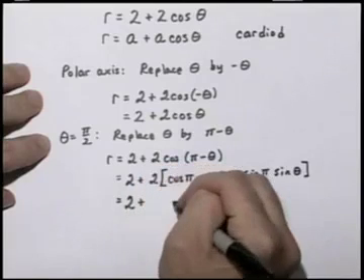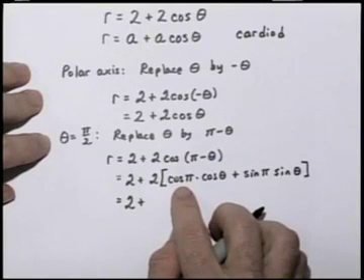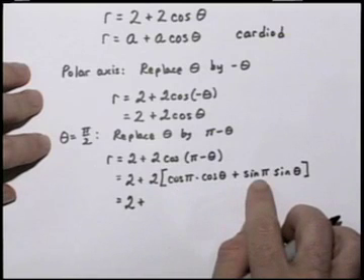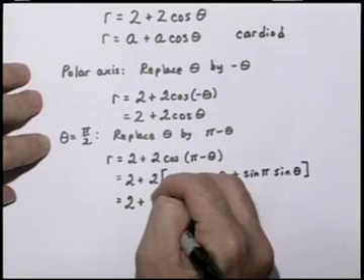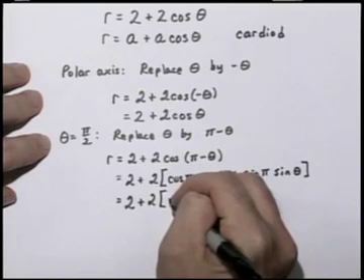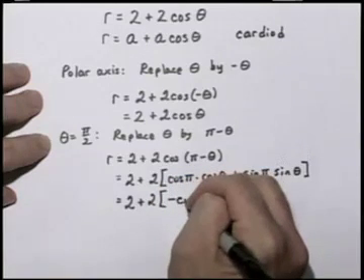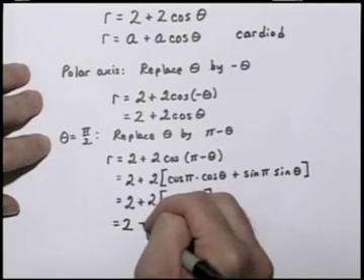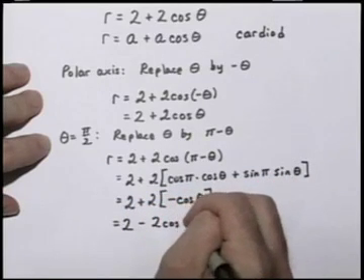So we have 2 plus, now the cosine of pi is negative 1, the sine of pi is 0. So this gives me 2 times negative 1 cosine of theta, which is 2 minus 2 cosine of theta.